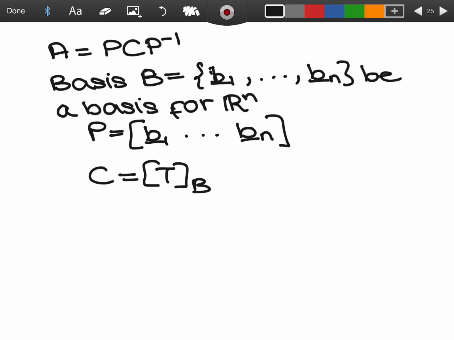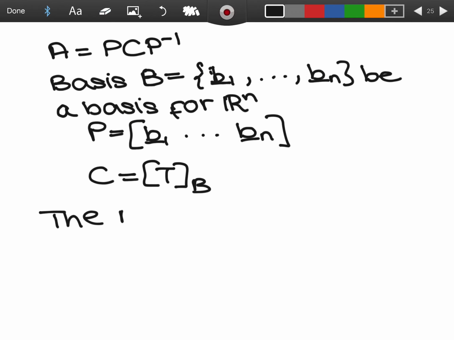But all this means is that the B matrix of the transformation is just a matrix that has to be similar to A. It doesn't necessarily have to be diagonal unless that is what the question is asking for, in which case you know you're looking for that eigenvector, eigenvalue decomposition. But right now, all you have to know is that the B matrix for T is just similar to A, such that A is the standard matrix for T.